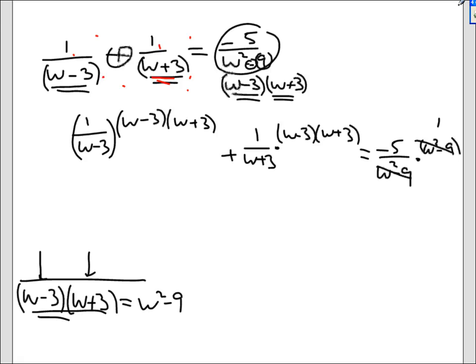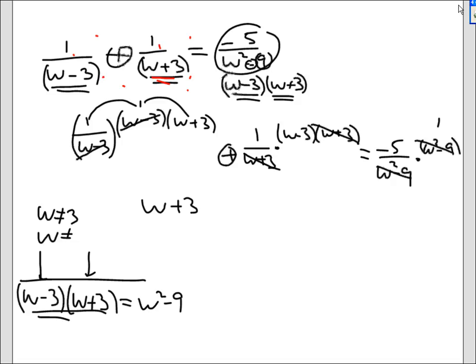That way, it's easily seen that they cancel out to 1. Alright. This cancels out to 1, provided w is not 3. So I get 1 times 1 times w plus 3, which is w plus 3, plus. This cancels out, provided w is not negative 3. Cancels out to 1. 1 times w minus 3 is w minus 3.